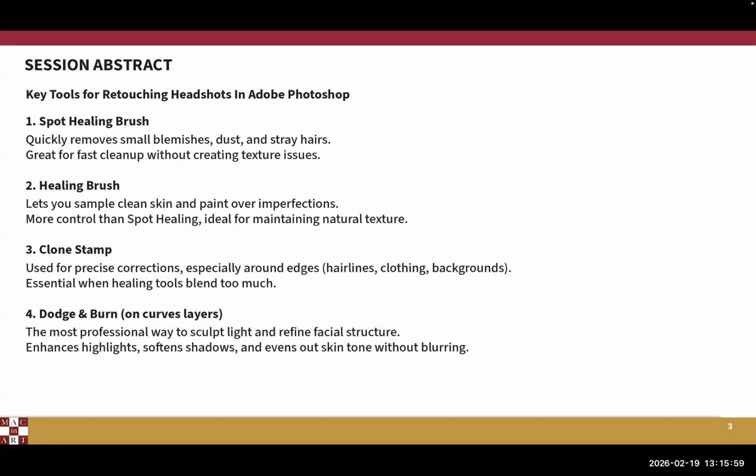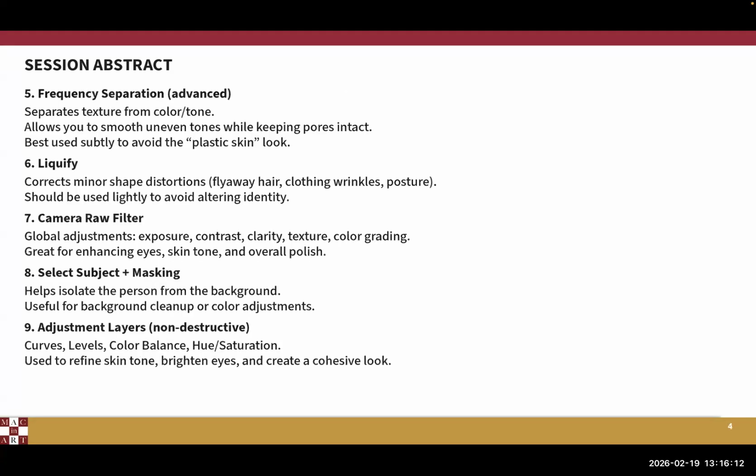Of course, you have the dodge and burn tool. This is the most professional way to sculpt light and refine facial structure. It enhances the lights, softens shadows, and evens out the skin. There is an advanced way, so maybe we're not going to get into it today. It is more for beauty retouching, and it is frequency separation.